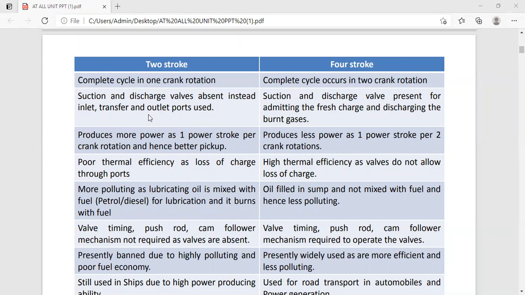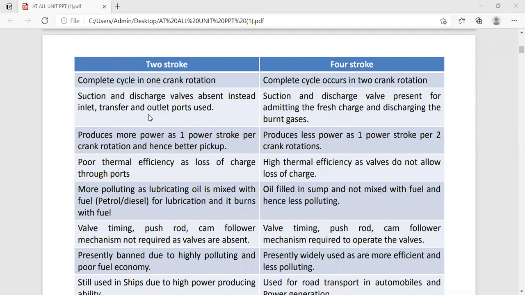Next, in case of the two stroke, more polluting as lubricating oil is mixed with the fuel for lubrication, and it burns. But in case of the four stroke, the oil is for cooling purposes and is not mixed in the fuel, hence it is less polluting.